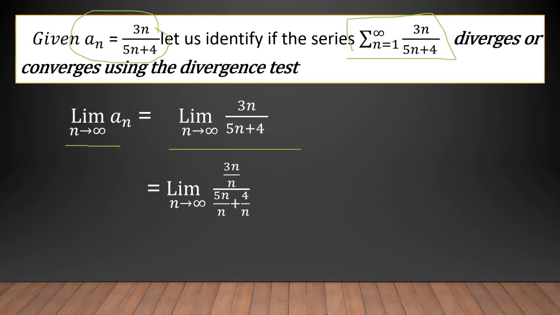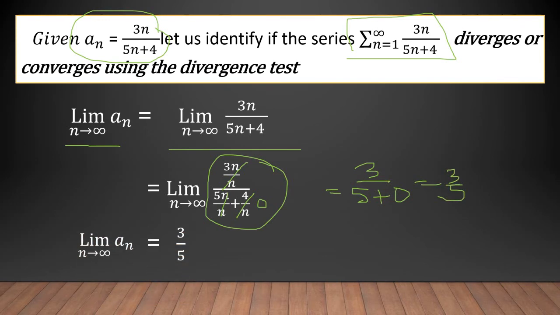Then we can cancel, and that will give us 3 over 5 plus 0, which is 3 over 5.